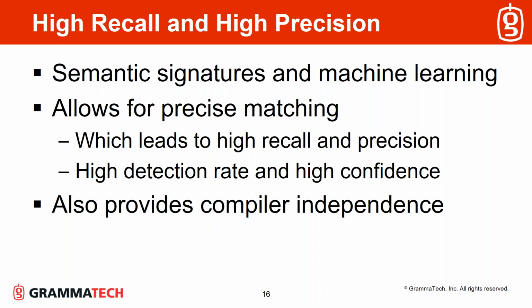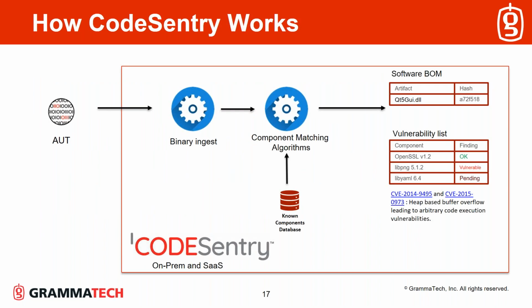So this is quite an advanced thing to do, and it also provides a compiler independent solution. So basically you put your binary into this and you create a software bill of material of this binary, and then you get a vulnerability list for each component that is identified.